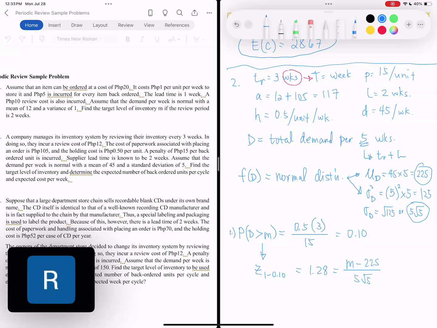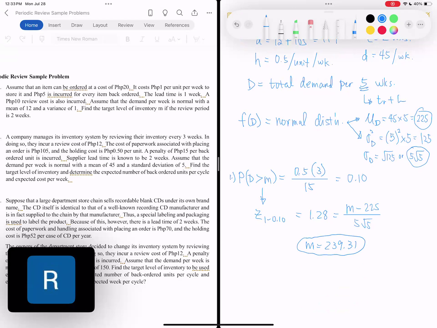From here, you solve for M. If you get mu, sigma and the Z value correctly, then it's just a formula. So M comes out to be, can you verify this? Yes, sir. Okay, 239.31. Thank you.